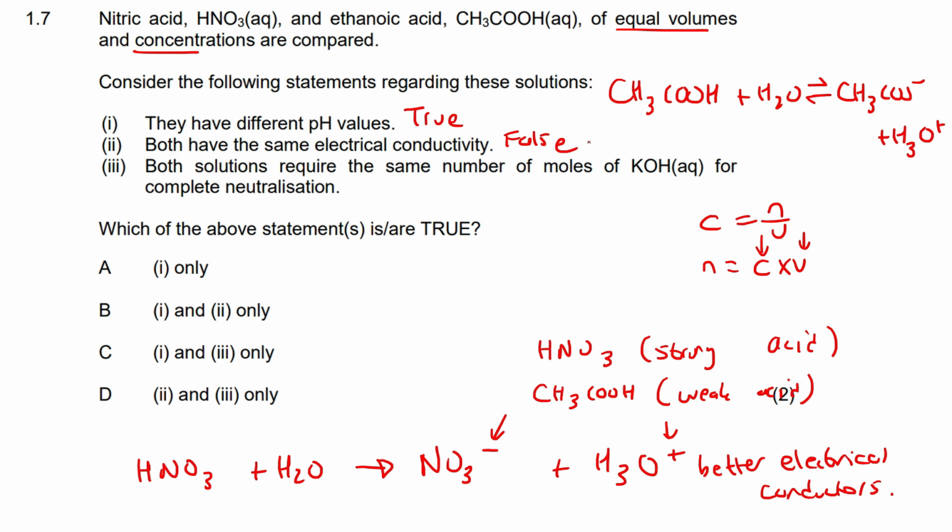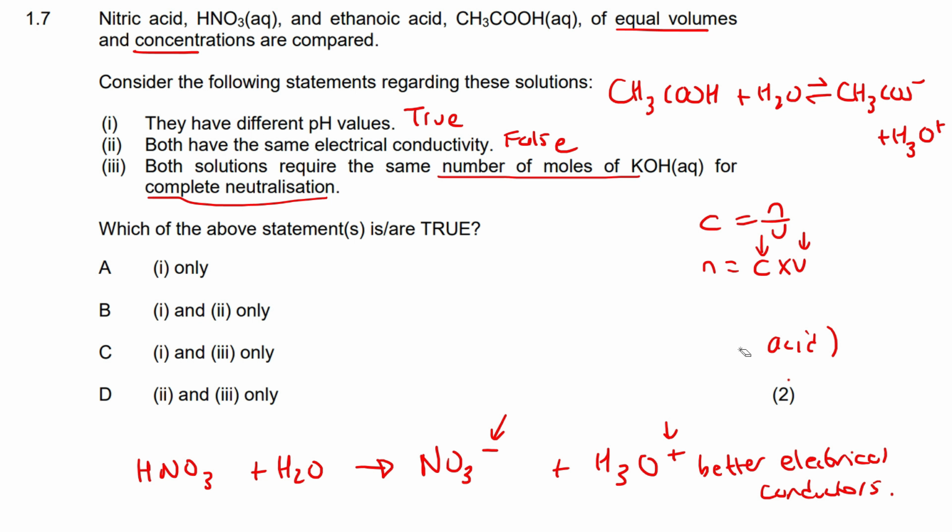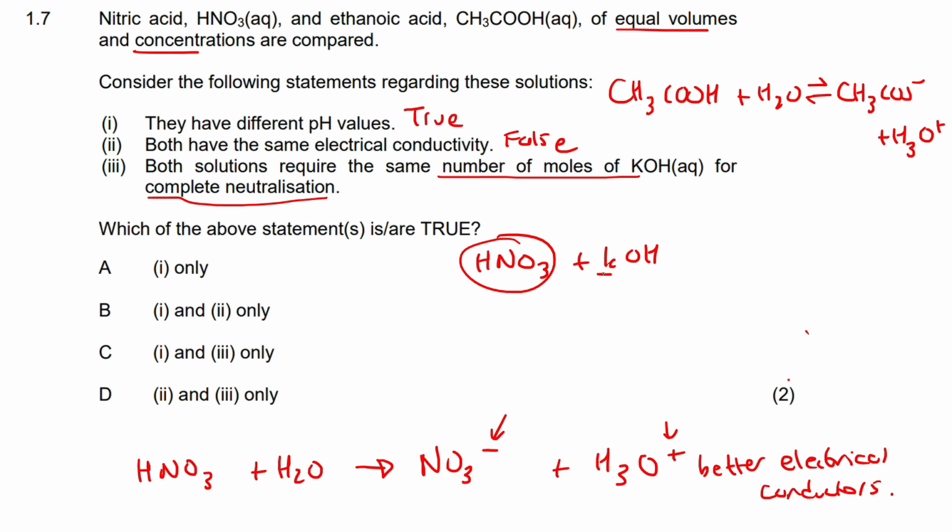Okay, so both have the same electrical conductivity. That is definitely false. Both solutions require the same number of moles of KOH for complete neutralization. Okay, well, we'll have to check the reaction to see if the ratios are 1:1. So if you take nitric acid and you react it with KOH, here we go, acid plus a metal hydroxide.